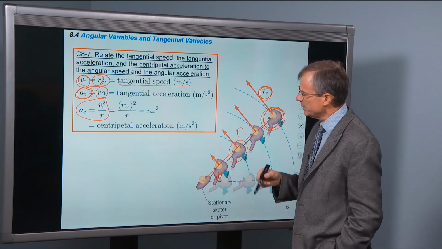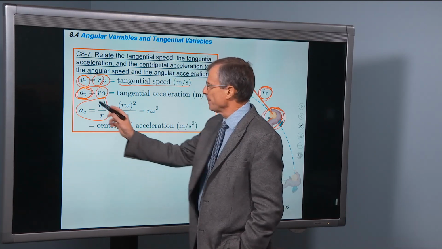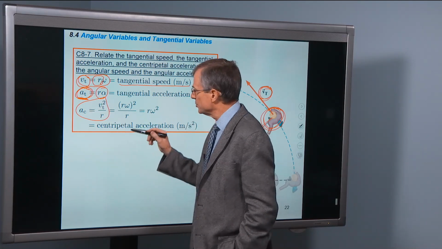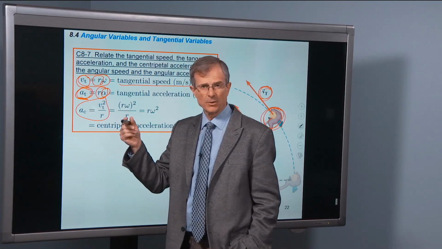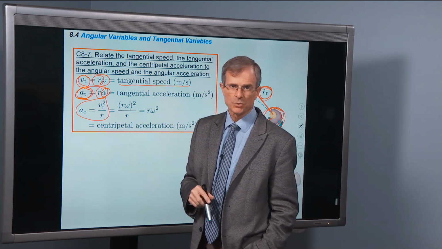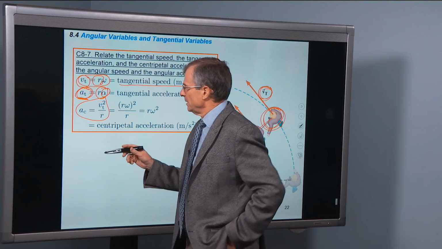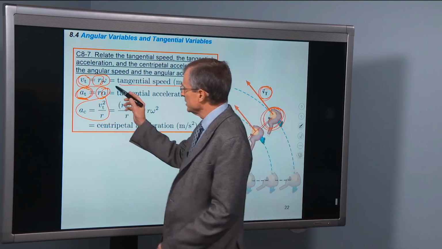So this is a relationship between a linear quantity measured in meters per second squared and an angular acceleration measured in radians per second squared. And the constant of proportionality is the radius measured in meters. Let's look at this one also.